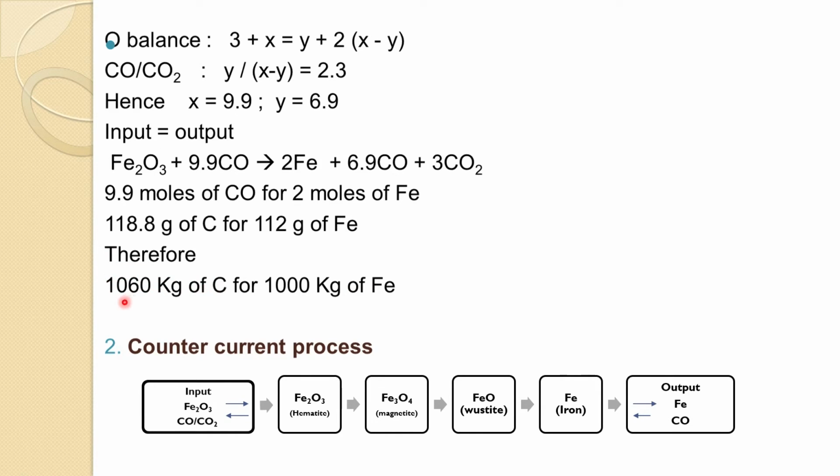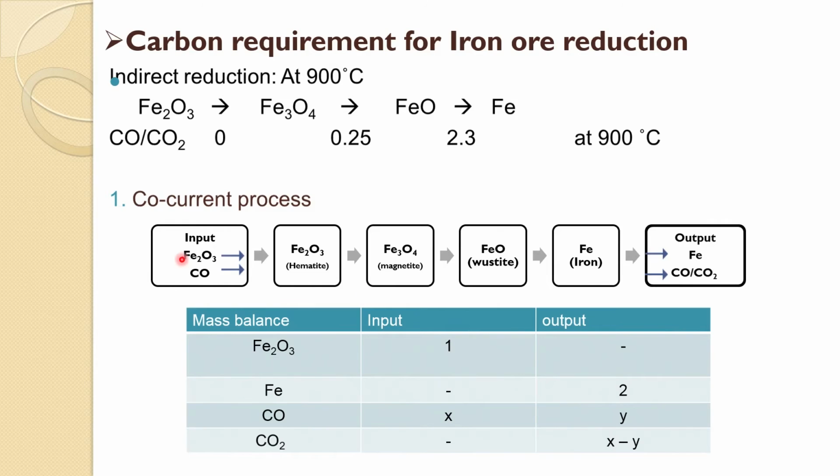Coke would be higher because in the coke you have around 87-88% fixed carbon. So, if you are talking in terms of coke, that would be quite high, but as such in the carbon form you need more than 1000 kg, almost 1100 kg of carbon to get 1000 kg of iron if you are going on a co-current basis.